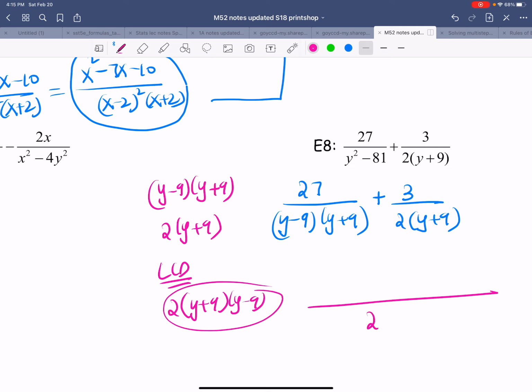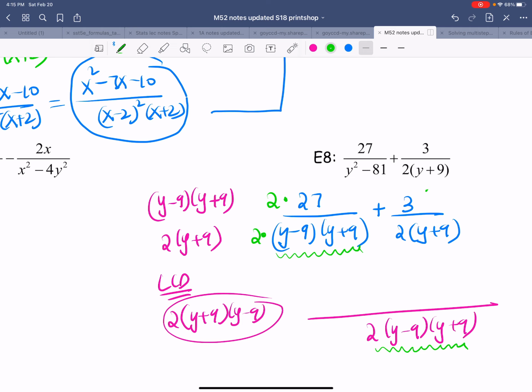And I want to write this entire fraction with this new denominator, 2 times y minus 9 times y plus 9. Now, how do I change this denominator into this LCD? All I need to do is multiply numerator and denominator with a 2. How about the second fraction?